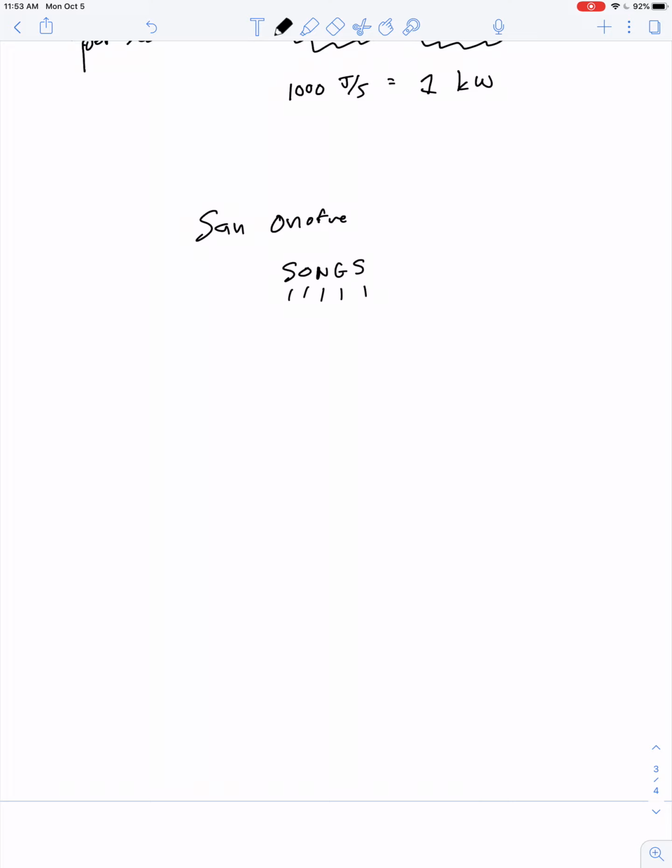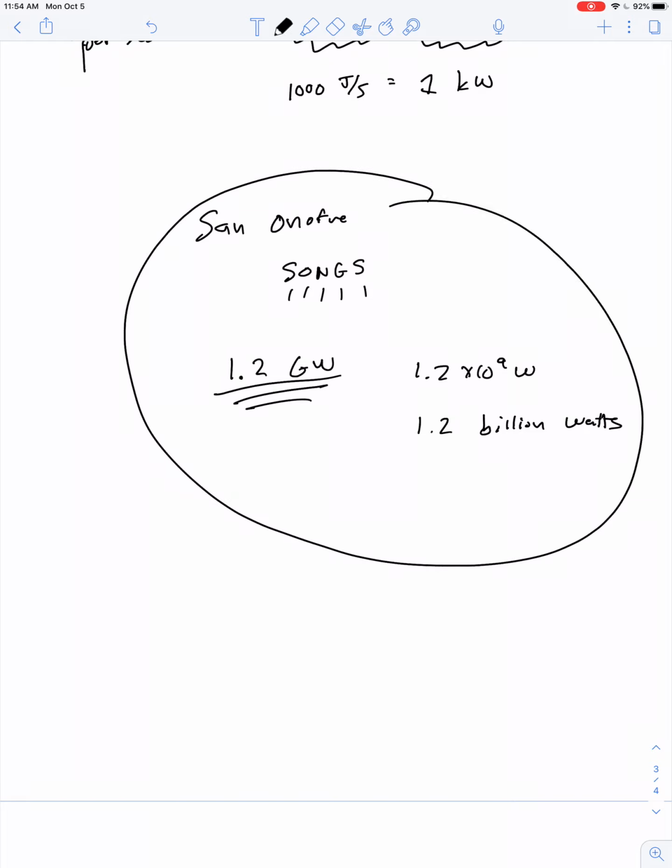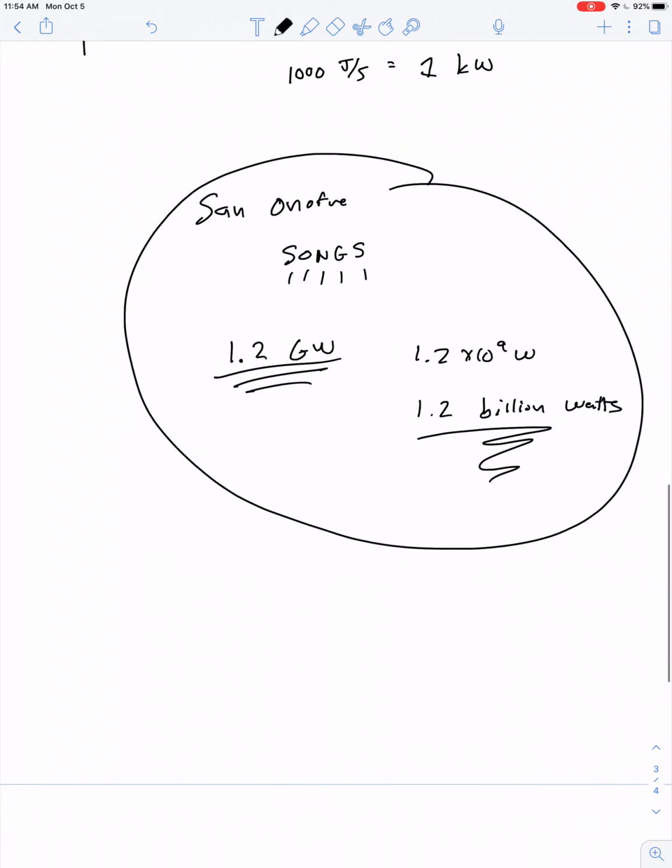And the amount of electrical power that was being sent out into the grid was about 1.2 gigawatts. In other words, 1.2 times 10 to the 9th watts, or 1.2 billion watts. That was the power output. Now, some people hear that number and are impressed, just because they recognize it's a large number.